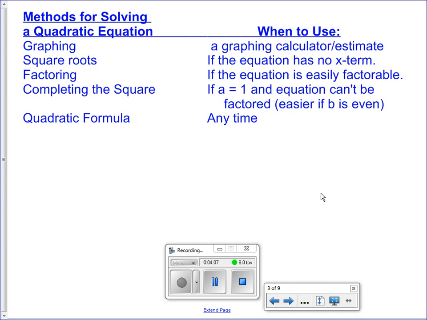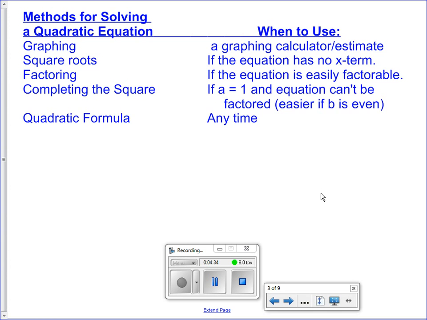If you use a graphing calculator, that's a great time to use it to find your solutions to a quadratic equation. The other thing I put on here is estimate. If you have a graph and the parabola does not go through integer answers, you can get an estimate. And if an estimate is all you need, then graphing can work for you.